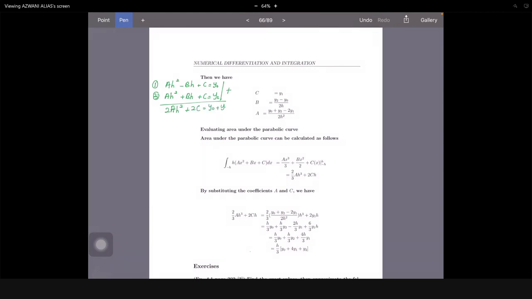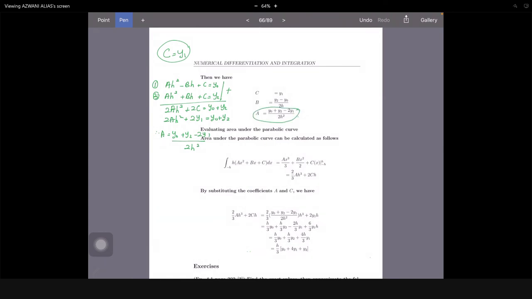We know that from equation 2 previously, C is equal to Y1. So 2AH square plus 2Y1. Rearrange. Kita dapat A is Y0 plus Y2 minus 2Y1 over 2H square. Okay, dapat kan?